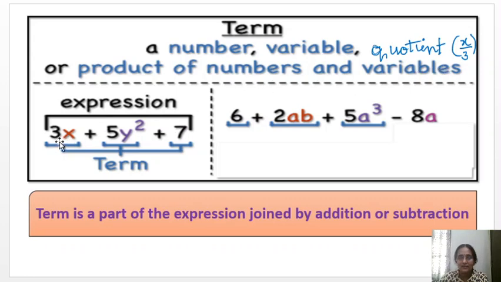There is the number 3 here and x is the variable. So a term is a quotient or product of numbers and variables, as in 3x. Quotient means you will write the quotient of a variable and a number like this. And there are 6 plus 2ab plus 5ab cube minus 8a. There are 4 terms in this given expression.